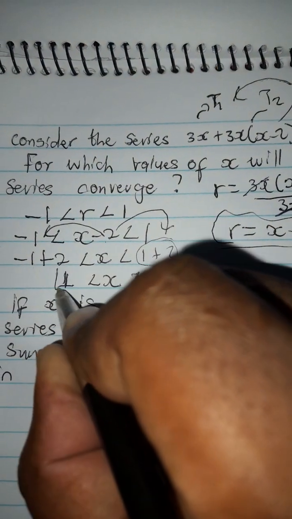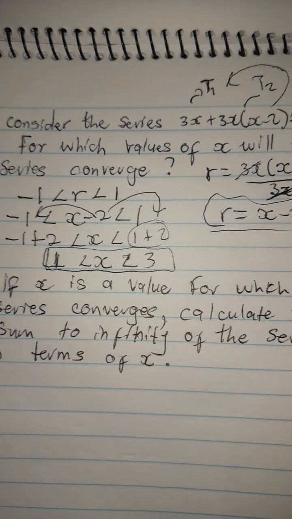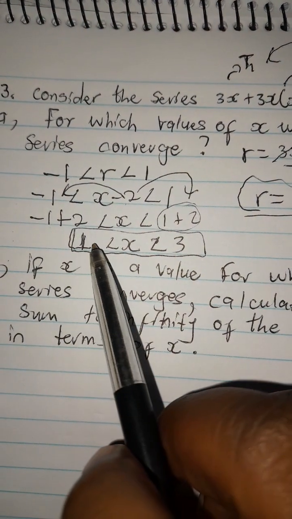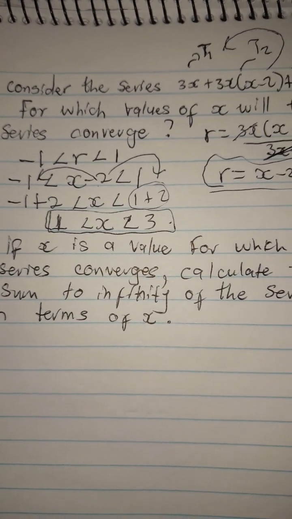So this is the notation behind this, guys. This is for which values of x the series will converge. It will converge just between 1 and 3. I hope, guys, you do understand that, right?